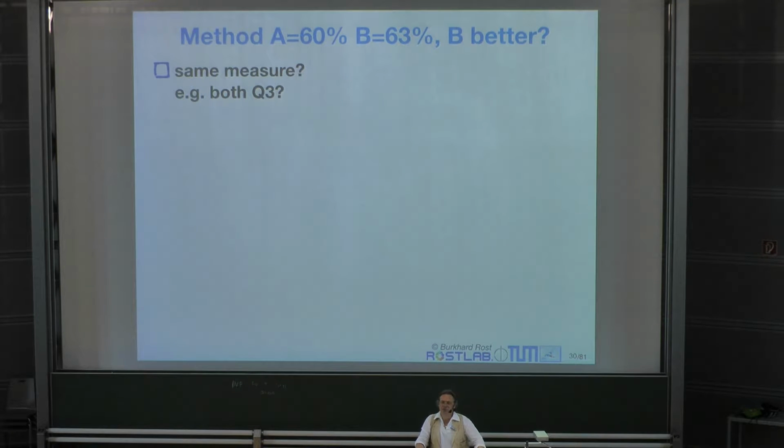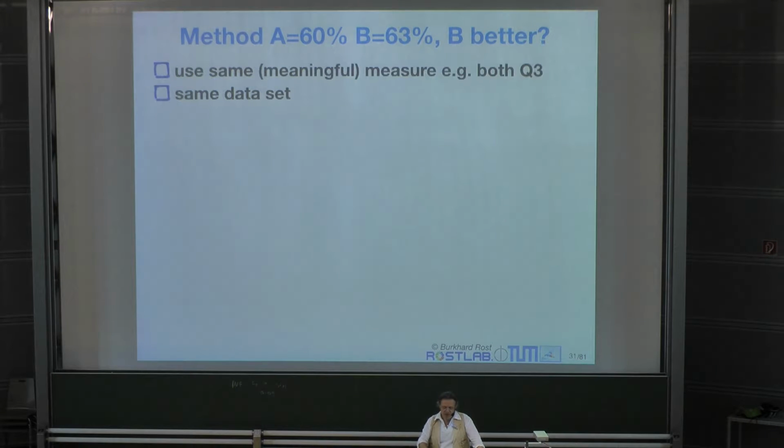One of the first questions should be, when I say 60 and 63, you imagine that I'm talking about the same score. But that may not be true, right? So the first question would be, are you actually talking about the same score here? In this particular case, Q3 is the percentage of residues correctly predicted in one of the three secondary structure states. So assume it is the same.